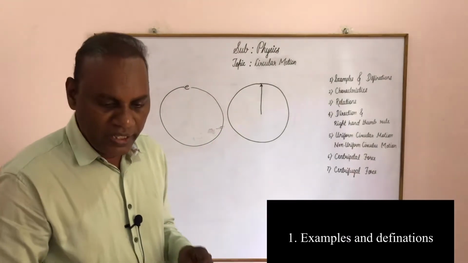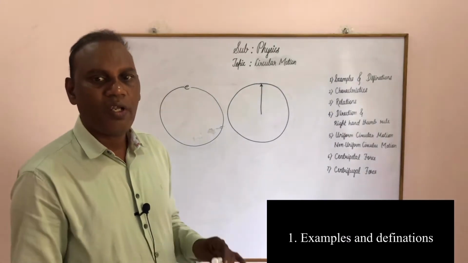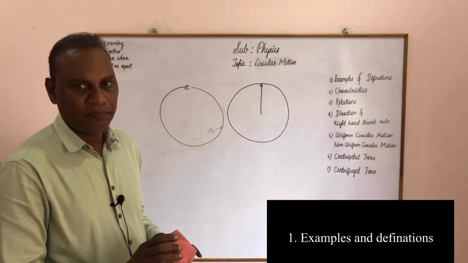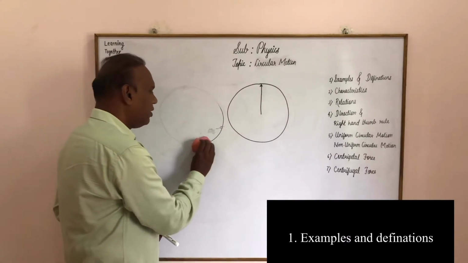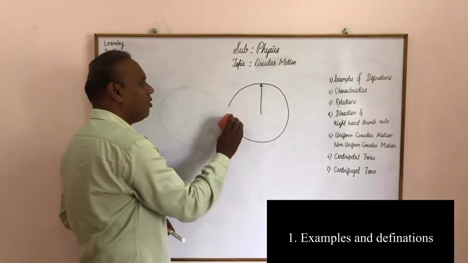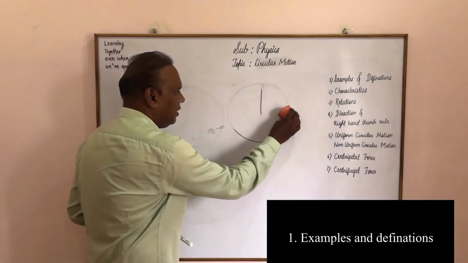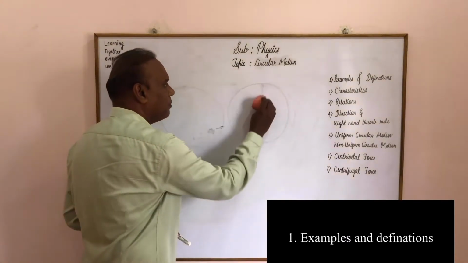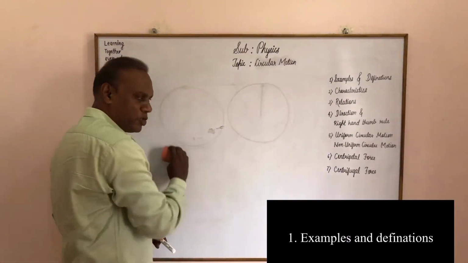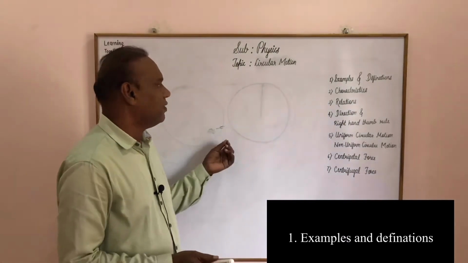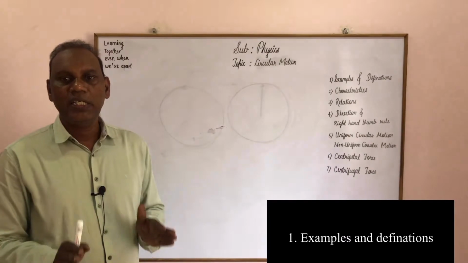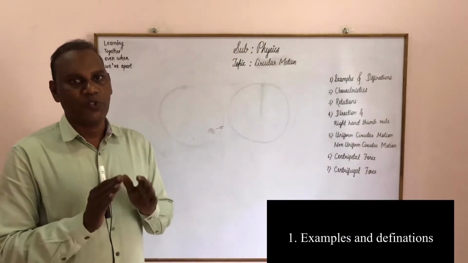So we can say motion of an electron or tip of a hand or an object along the circumference of a circle is called circular motion.